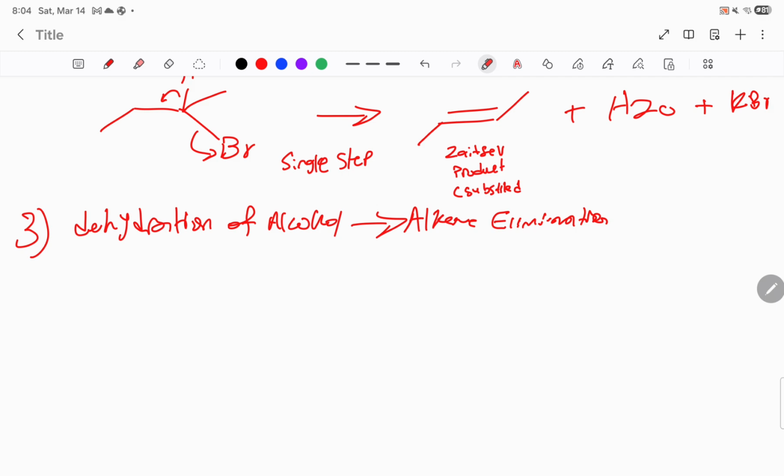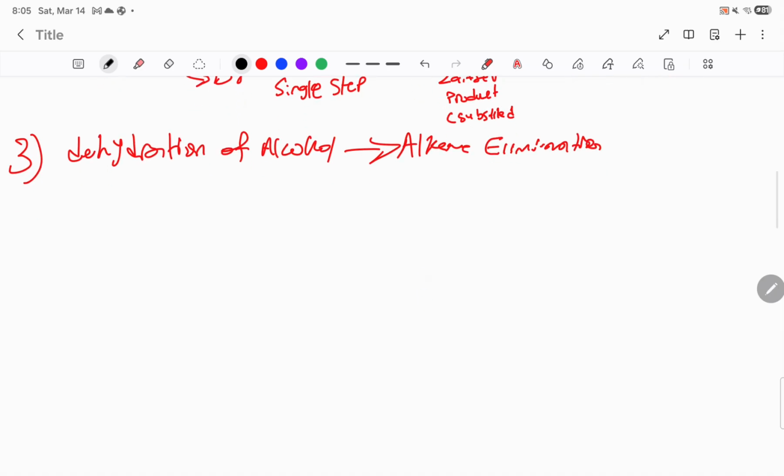Let's say we are starting with this alcohol. We have an alcohol here, and here is going to be our solvent and our reagents.